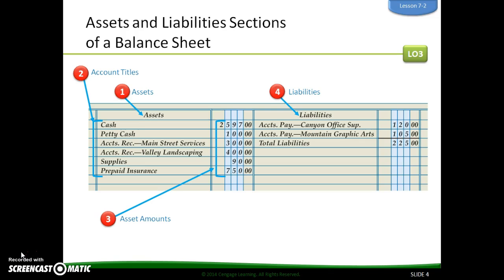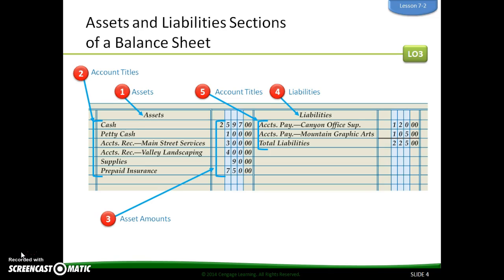Then we're going to switch over to the right side of the accounting equation where we have our liabilities, and indicate that we have two liability accounts, two accounts payable accounts, and those total $225. Now, there is some report configuration that we need to make sure we pay attention to here. This is not just Mrs. Bloomquist getting crazy about the details.